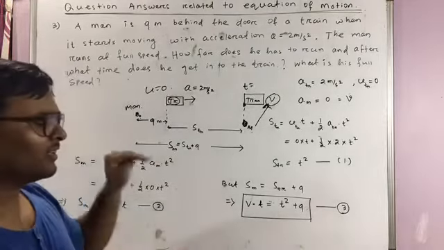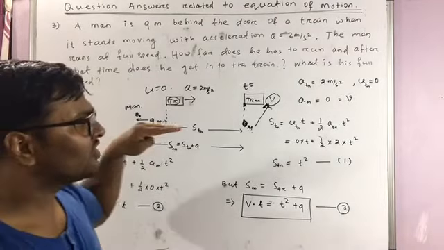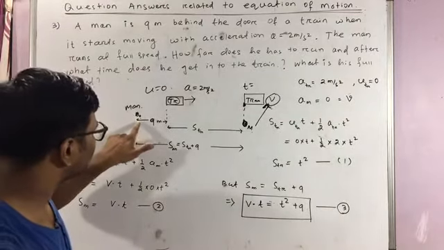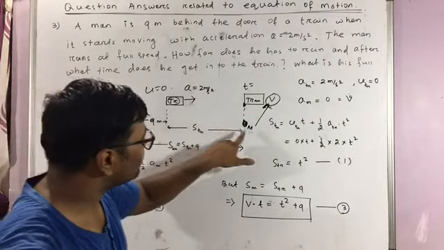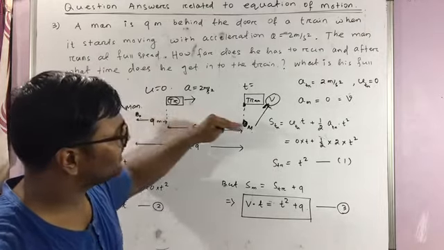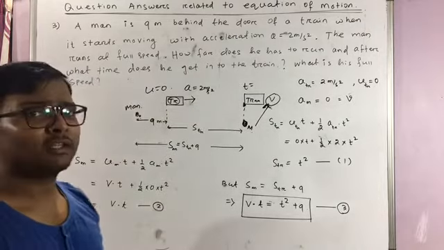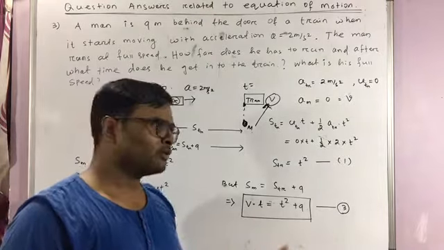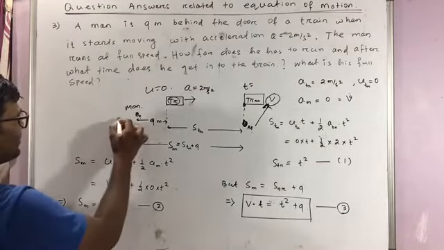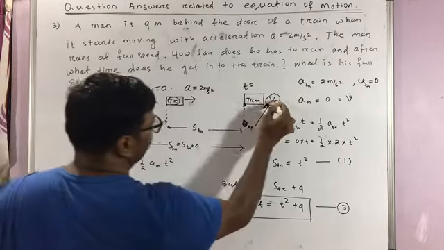So it means the man is running at a constant speed. Whatever be the speed of the man here, the same speed of the man must be here, because the man is running at his full speed, which is a constant. The ultimate speed of a person is a constant one. So if the speed of the man at this moment is v, then the same v will be here.